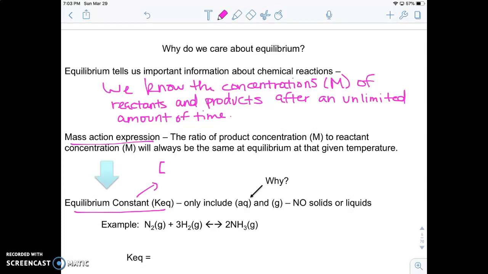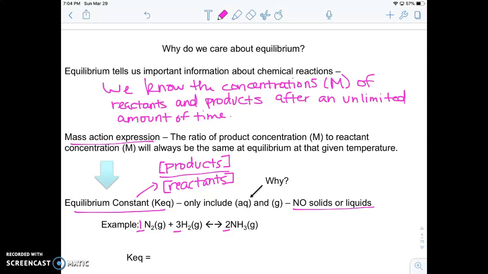So whenever you see brackets, we're doing the concentration of the products over the concentration of the reactants. And you only include aqueous and gases in your equilibrium constant. So if you see a solid or liquid, you can ignore it. And you also have to pay attention to the moles of each substance in the reaction, okay?